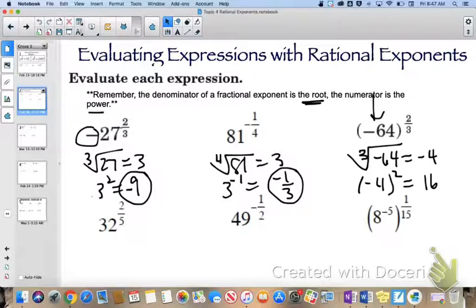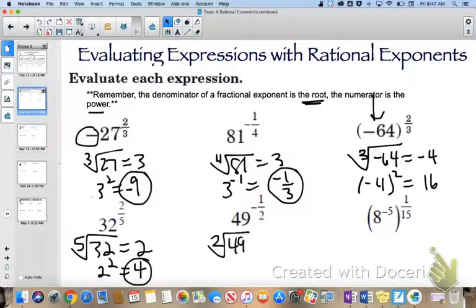All right, with 32 to the 2/5, that would be the 5th root of 32, which is 2, and then 2 squared, which is 4. Okay, 49 to the negative 1/2. So the square root of 49 is 7, and then 7 to the negative 1 is 1/7.